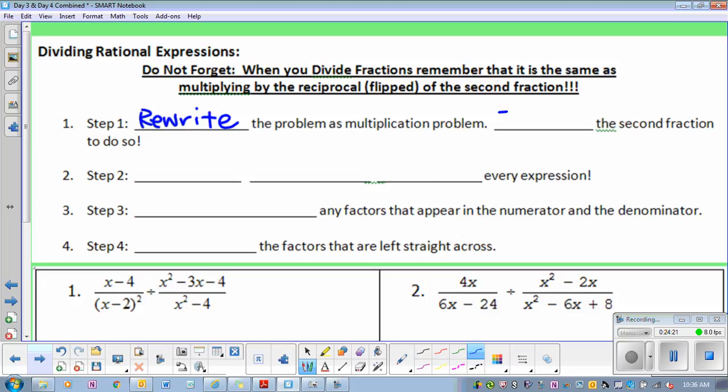This means we need to flip the second fraction. Here's what I always think of when I do the division: it has to be same times flip. Your first fraction stays the same, your division turns into a times, and what do you do with your second fraction? Flip.